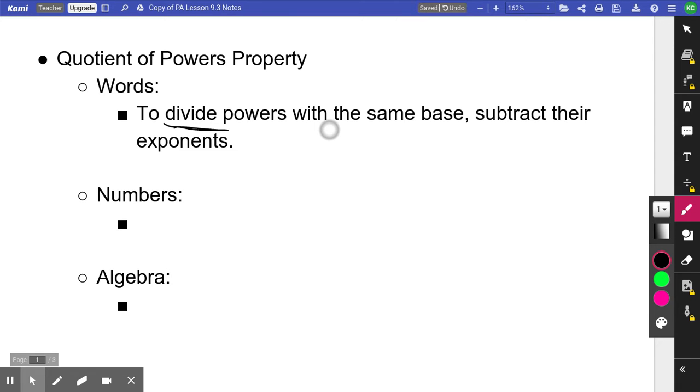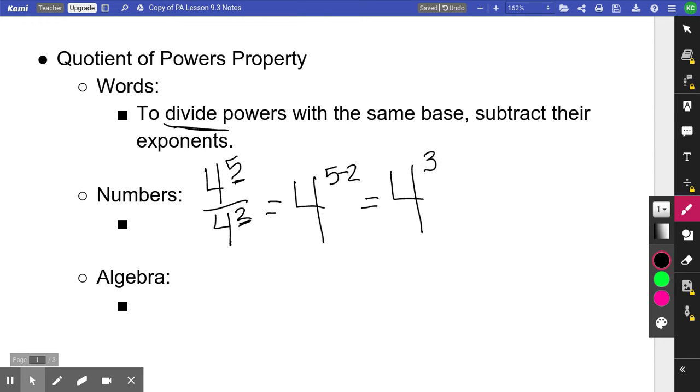Okay, so if I have 4 to the 5th over 4 to the 2nd, my bases are the same, so that means I can subtract my exponents. So I'm going to take 4 to the 5th minus the 2nd, which is going to be 4 to the 3rd. Okay, so in algebra terms, that says a to the m over a to the n is going to be a to the m minus n.